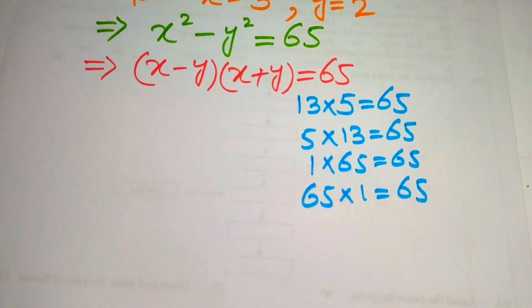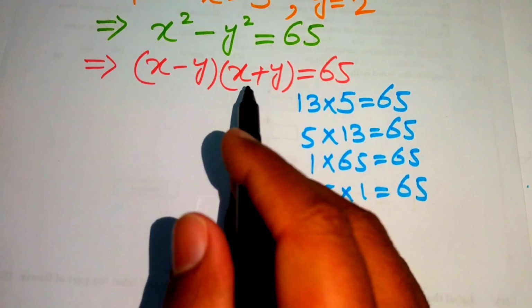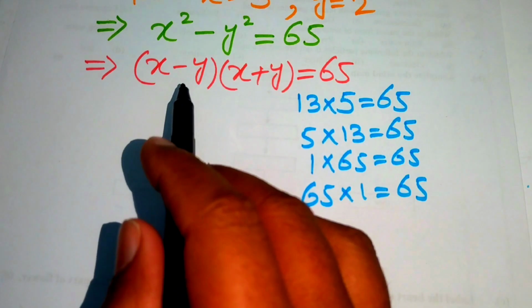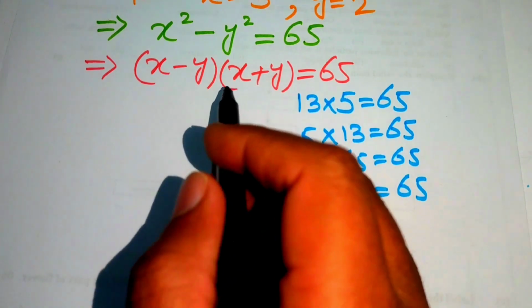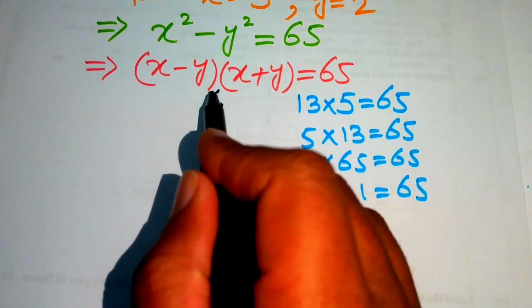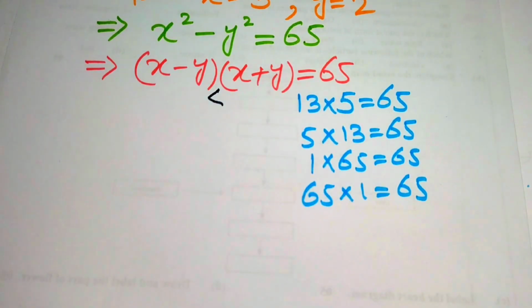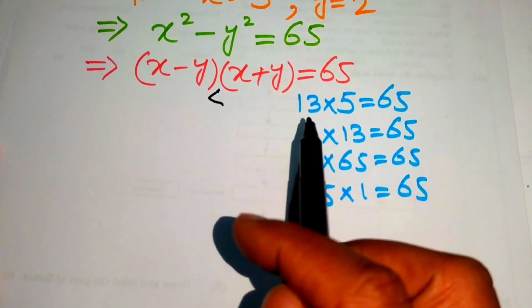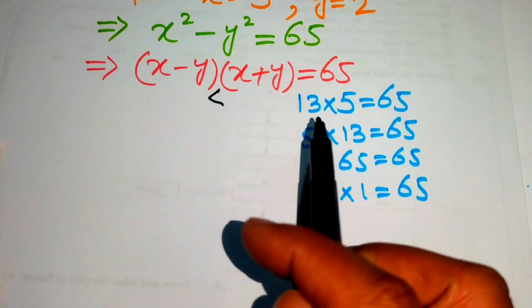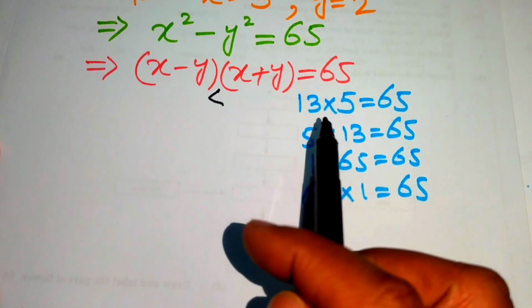Now you focus on the left hand side, where we have (x minus y) times (x plus y), and if we compare these two factors, then x minus y is always less than x plus y if x and y are positive numbers. So here we need any pairs in which the first number is less than the second number.